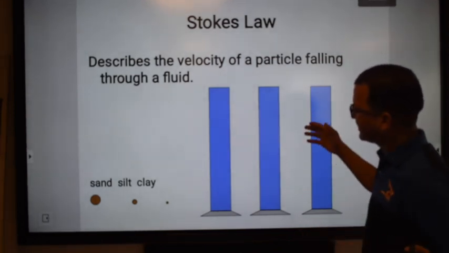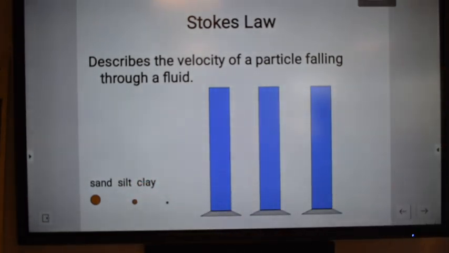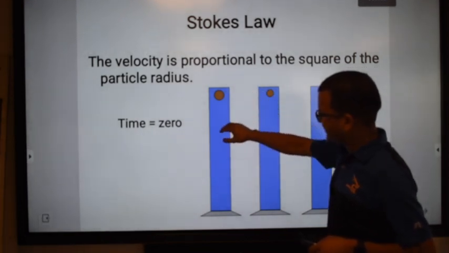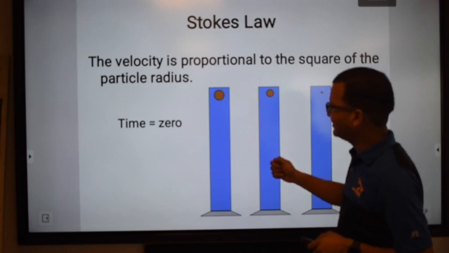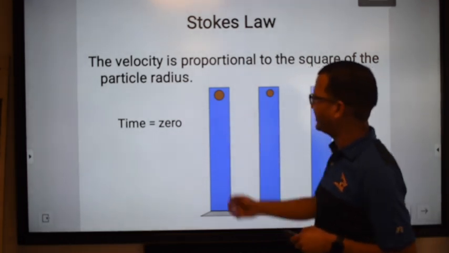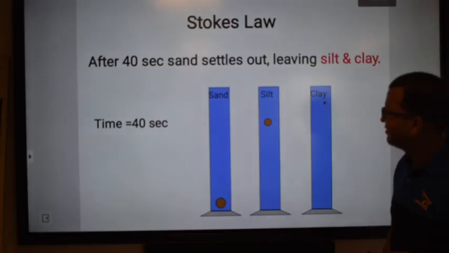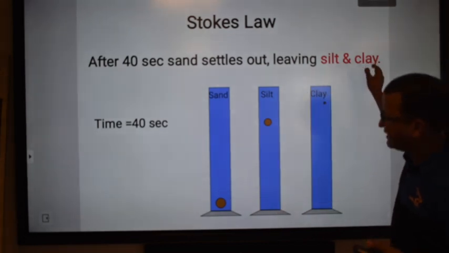You can have a cylinder like that, with sand, silt, and clay of different diameters or radii. If you put sand in one tube, silt in another, and clay in another, and start the timing, then after about 40 seconds your sand will settle all the way to the bottom of the cylinder. That leaves only the silt and clay particles in the mix.